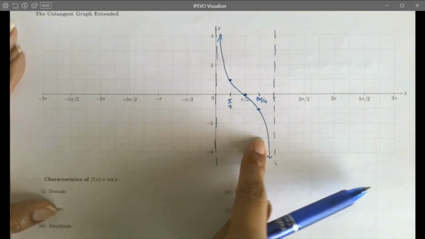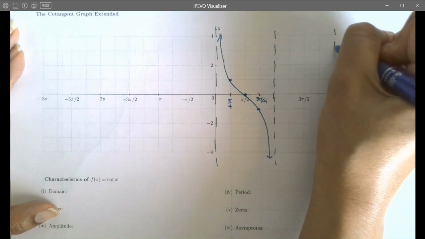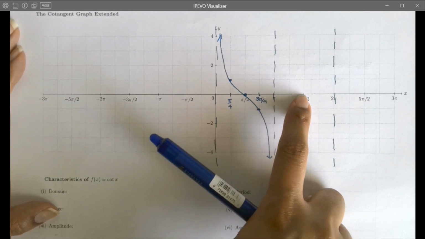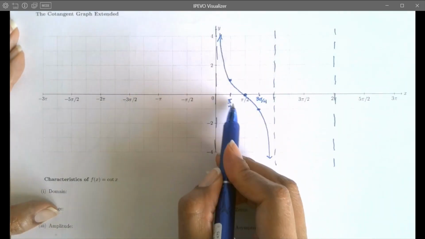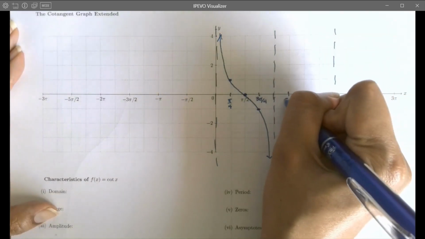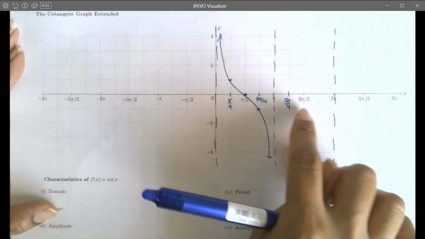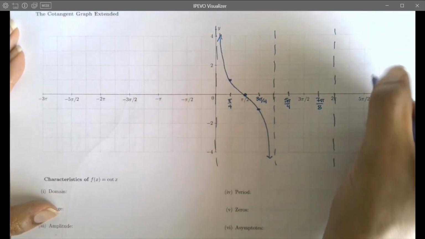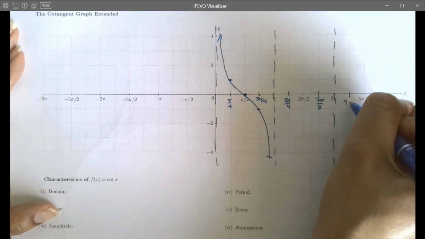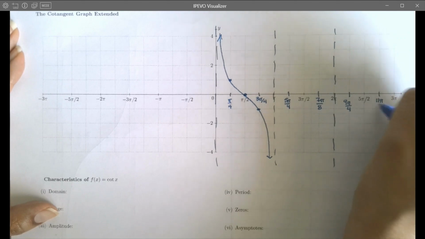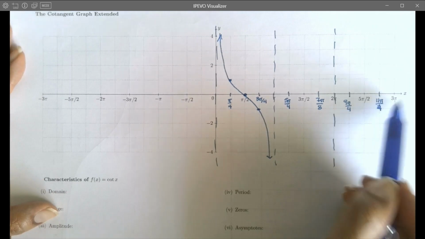Okay, so we're going to have this followed by the same 3 points repeating, but now we have, well, this is 1 pi over 4, this is 2, 3, 4, 5, so 5 pi over 4, 6, 7, 8, 9, this is 10, 11, and 12 pi over 4.